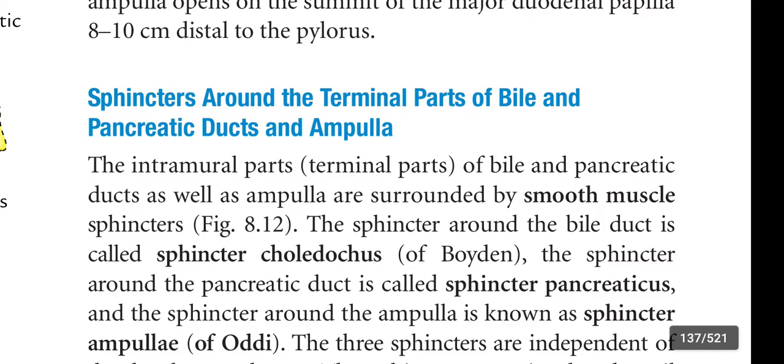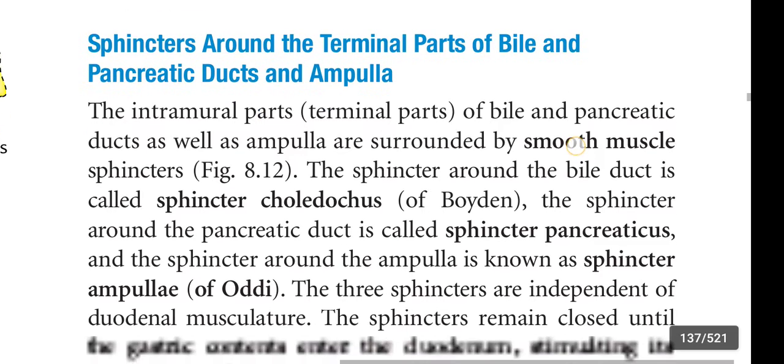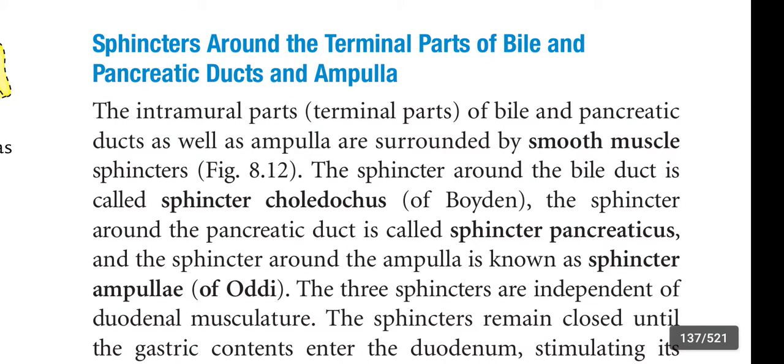The sphincter around the bile duct is called sphincter choledochus of Boyden, sphincter of Boyden. The sphincter around the pancreatic duct is called sphincter pancreaticus, and the sphincter around the ampulla is known as sphincter ampullae or sphincter of Oddi.